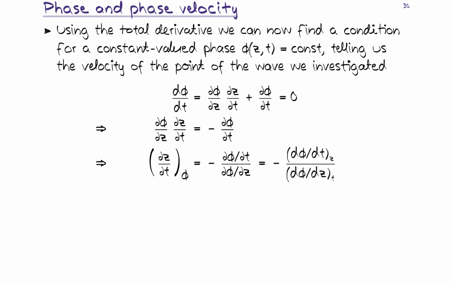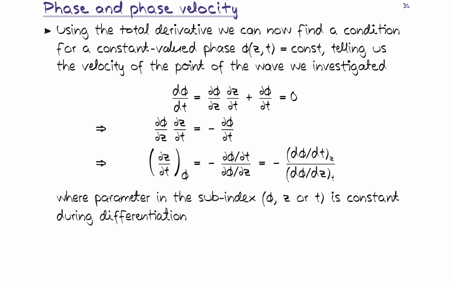That was the point of this equality, just to show you that there are also other notations to describe a partial derivative. So the parameter in the subscript, either phi or z or t, just shows that in this differentiation it is a constant, depending on what kind of terminology or notation you use.